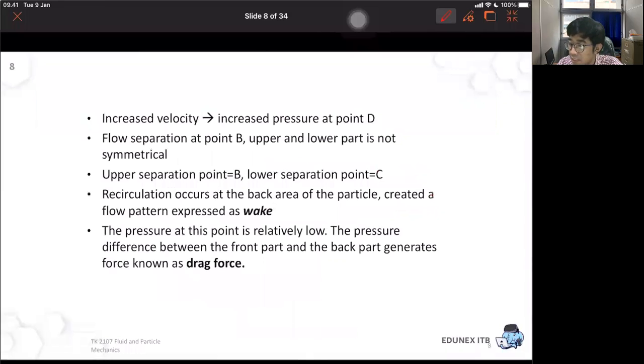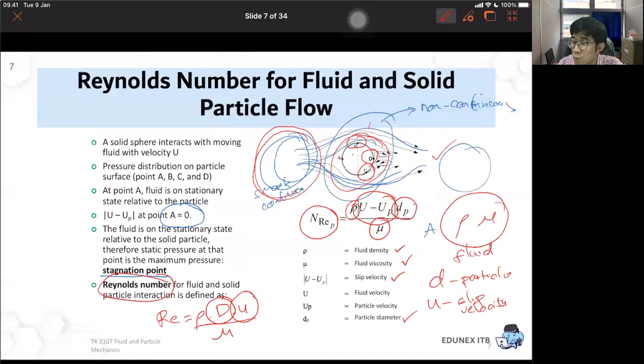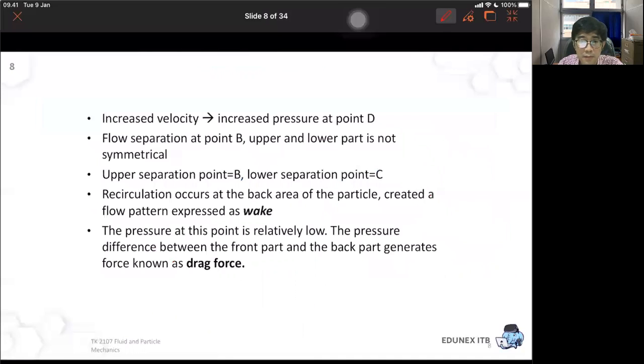We call B and C the separation points. B is the upper separation point. C is the lower separation point. And then after the particles, there will be some wake, the recirculation or the turbulence creating a flow pattern that is called wake.